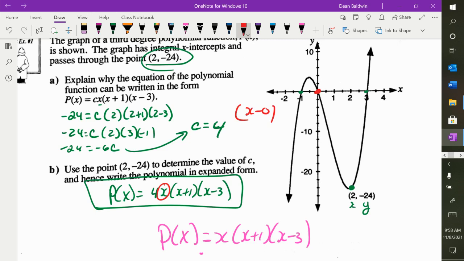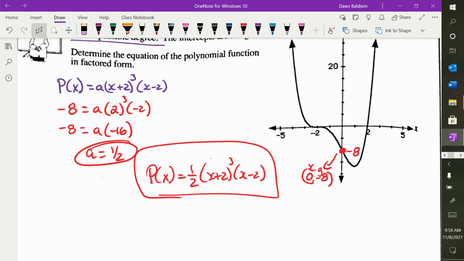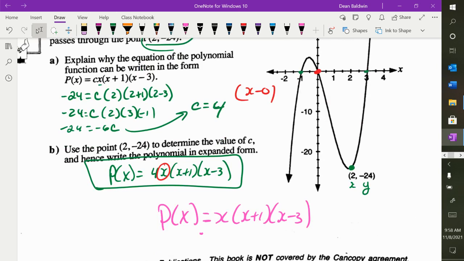Yes, Annalise. When you pick the other points, on this one you pick 0 and then -8. So why did you pick the one going through the y-intercept versus the other one where you didn't? Like for this one, they tell you this point.